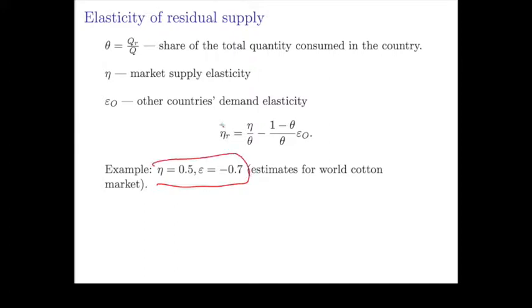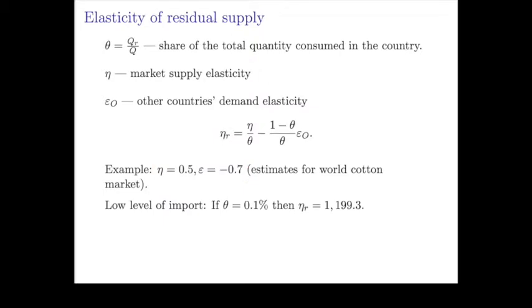But if we did want to calculate the elasticity of residual supply, and we knew that the supply elasticity was a half, and the demand elasticity for the rest of the world was negative 0.7. According to the textbook, these are the estimates for world cotton. If you're a country that consumes a fairly small proportion of the world's cotton, let's think of a country that consumes only 0.1% of all the cotton in the world.